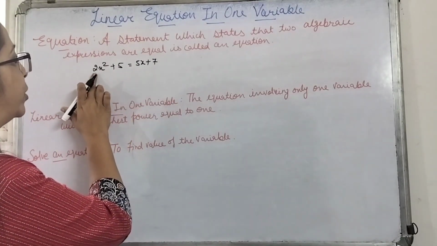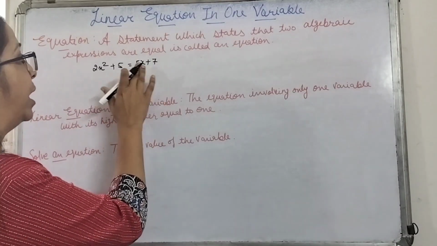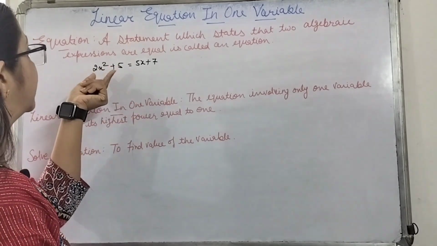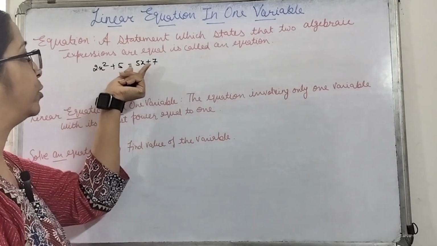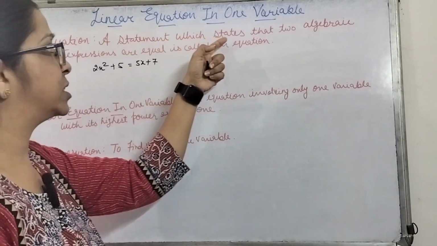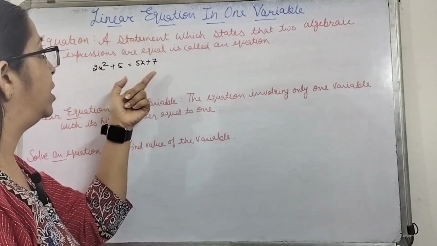One expression is 2x square plus 5 and another expression is 5x plus 7, and we have kept an equivalent to sign in between, which shows that this given expression is equivalent to this given expression. So such types of statements which show that two algebraic expressions are equal are known as an equation.